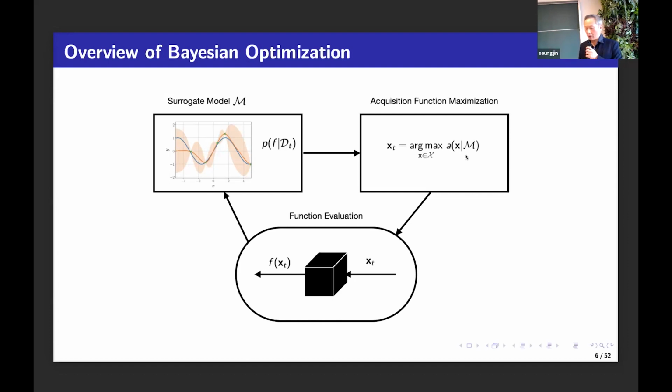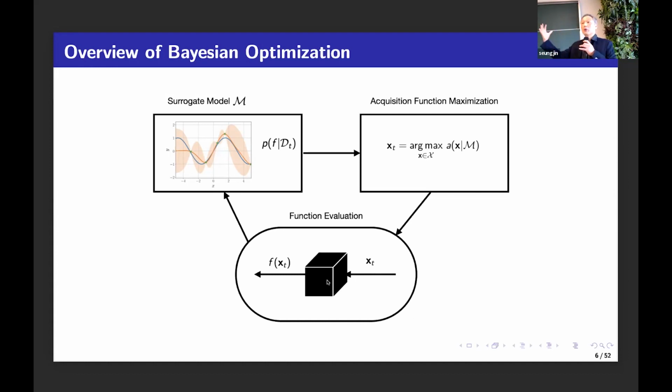Once you have an expected utility function, you go through standard numerical optimization to find the maximum of the acquisition function and select the best candidate you believe. So you select one candidate through the acquisition function optimization, and then you evaluate the function value at the location you selected.